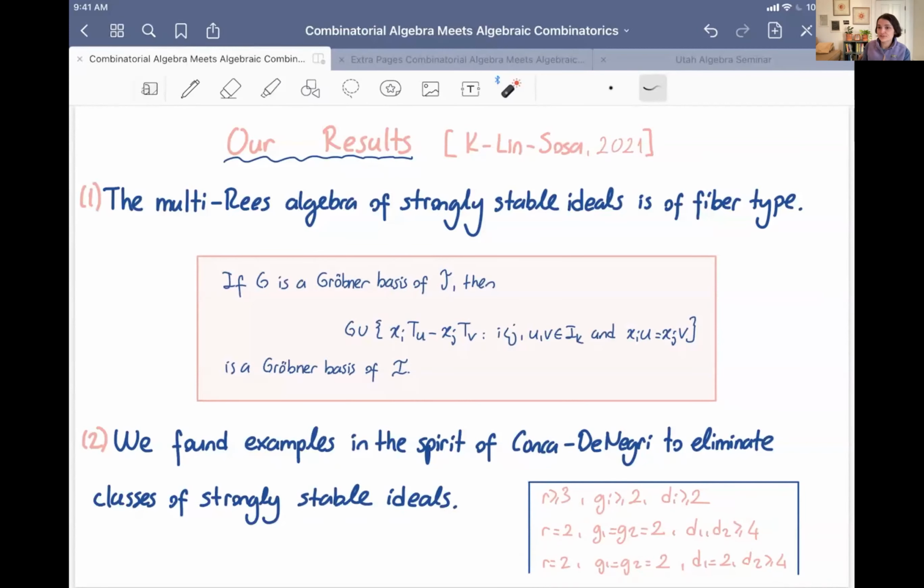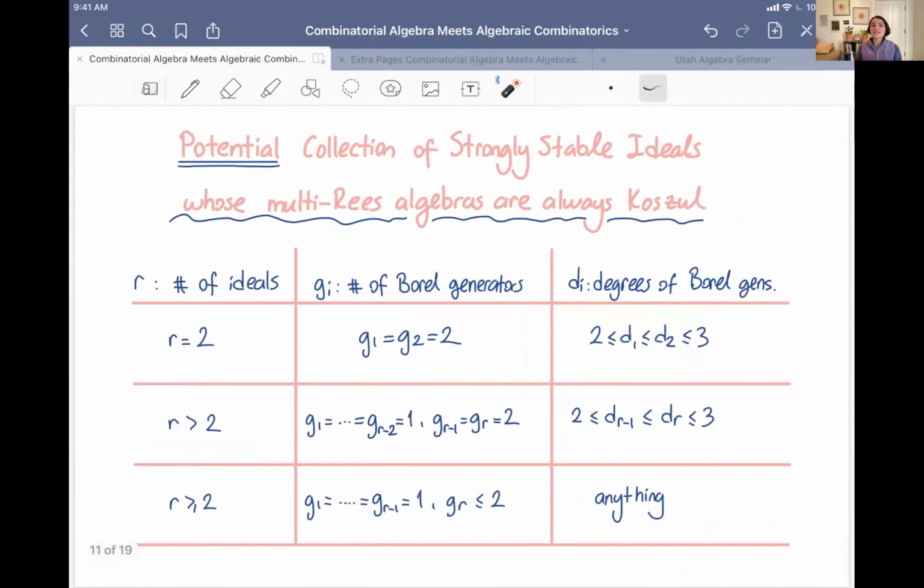In the light of those examples, we created this potential collection of strongly stable ideals whose multi-Rees algebras are always Koszul. But I want to say that this is potential. Maybe you will find a collection that fits inside this table and maybe they're not Koszul.